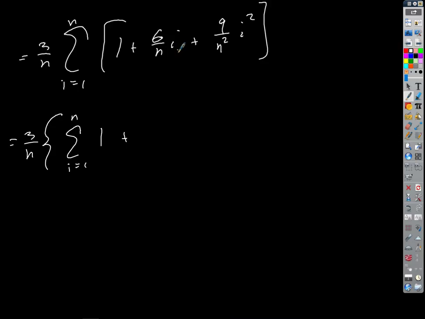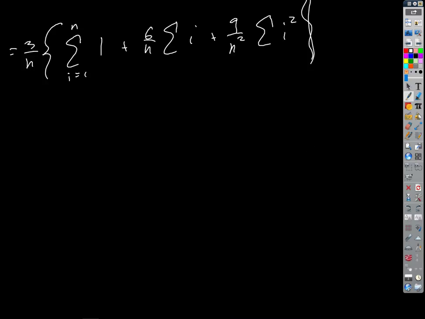What can I do with the 6 over n? I'm going to take this, pull it out front, so I get 6 over n times the sum of i, right? Plus 9 over n squared times the sum of i squared, right? Okay, and we know those, right? So what's that give us?